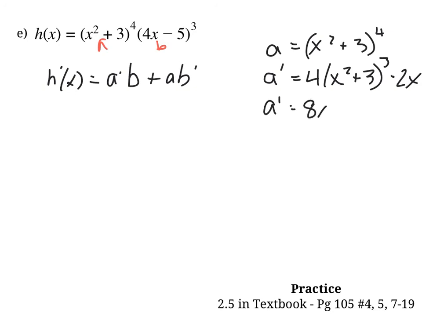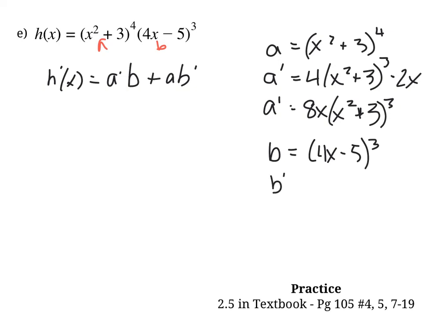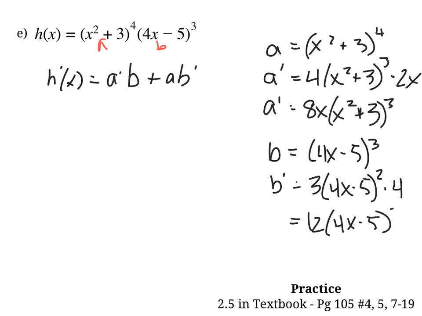So 8x(x² + 3) to the power of 3. Okay, and then we have B, which is (4x − 5) all to the power of 3. B prime is just going to be 3 times (4x − 5) to the power of 2 times 4. And just rewriting that, 12(4x − 5) squared.